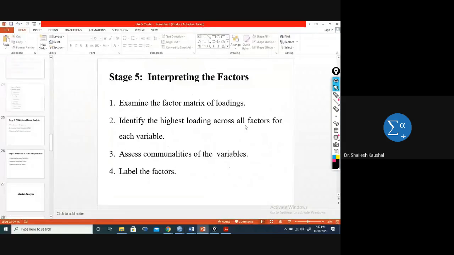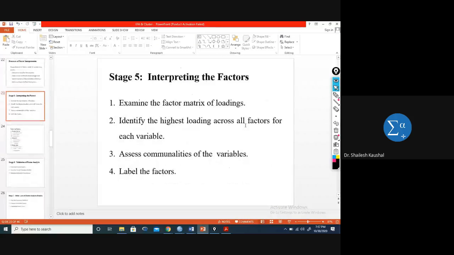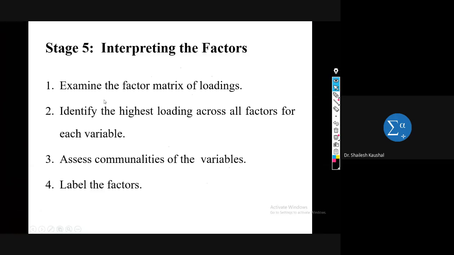and in the output we can see the rotated component matrix. Now, after this, interpreting the result. So examine the factor matrix loading, identify highest loading across all factors, we have done it. Assess communalities, all the communalities value greater than 0.5, label the factor.